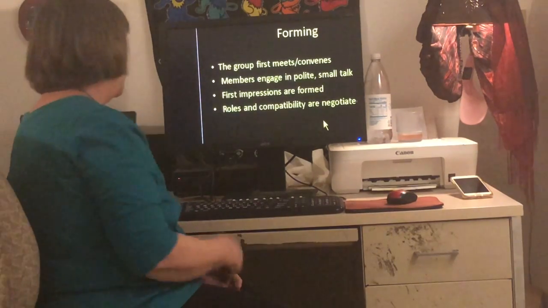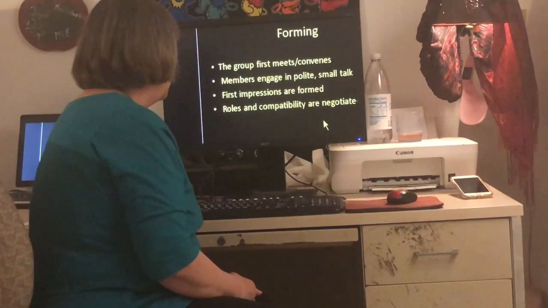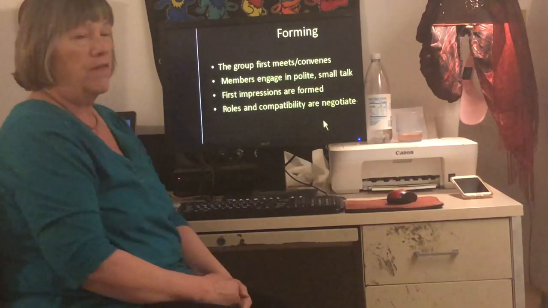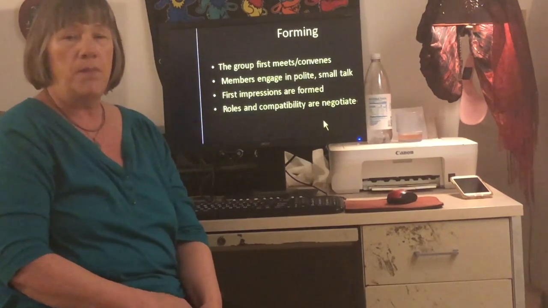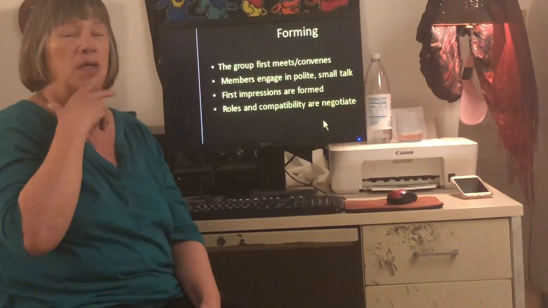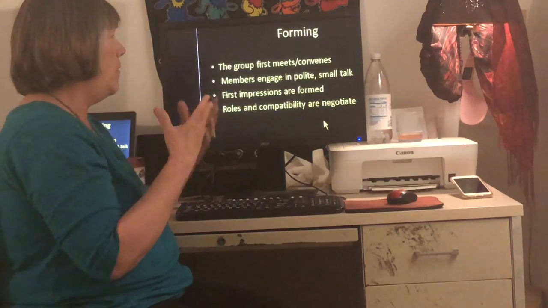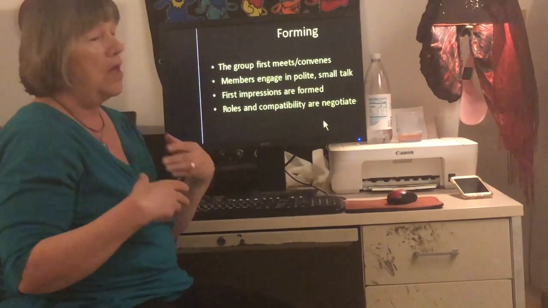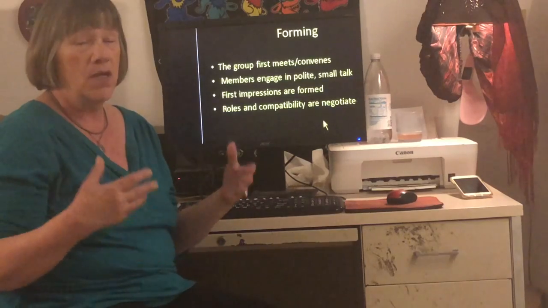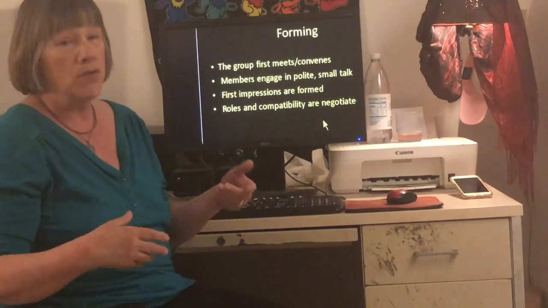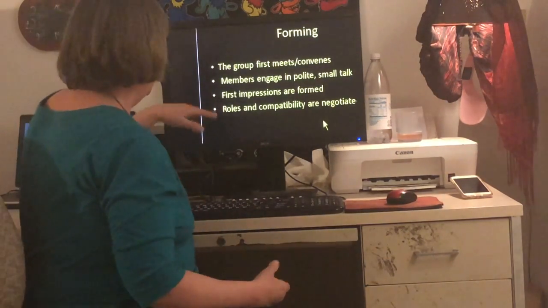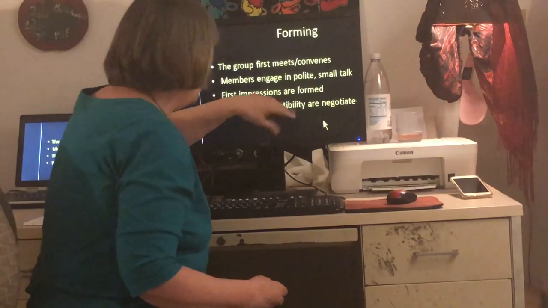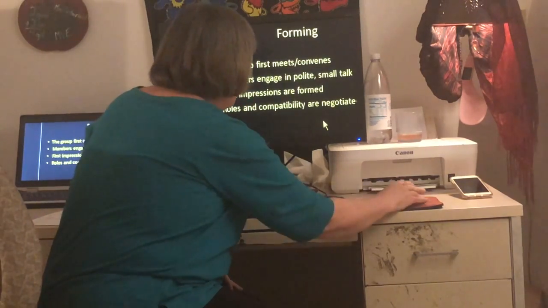And then you have first impressions of each other based on that very surface communication. Seeing how everybody gels and fits together is part of the psychological, emotional processes of a task-oriented small group forming. And then the roles and compatibility are negotiated.